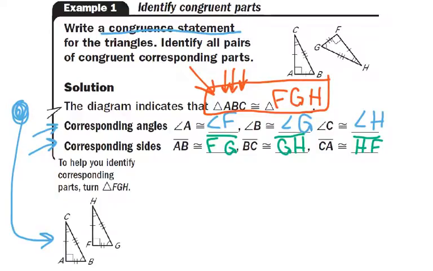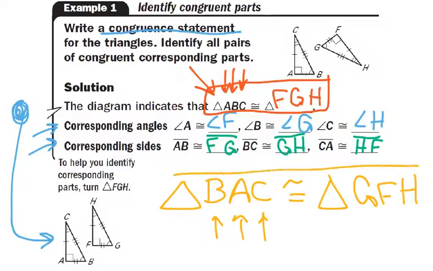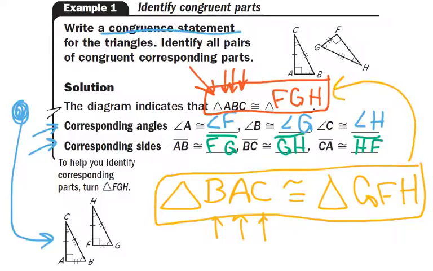Now, those can change. Let's suppose, for example, that I said write the congruent statement for triangle BAC. Well, for that one, it's still the same triangles, but now our parts are in a little bit different order, so the second one would have to be the same. B corresponds to G, A corresponds with F, and C corresponds with H. So that is the same statement as that one.